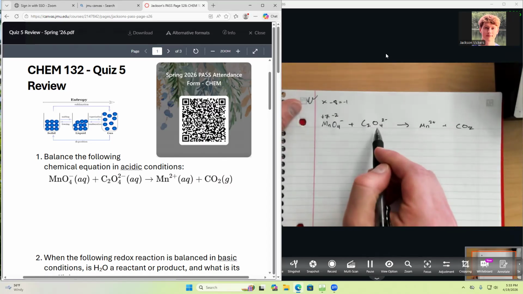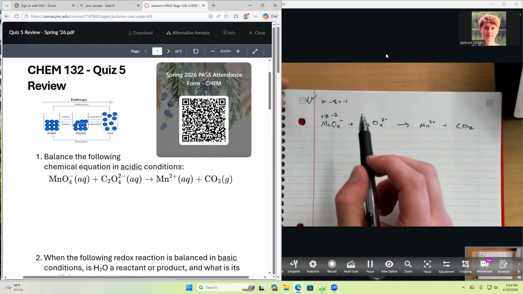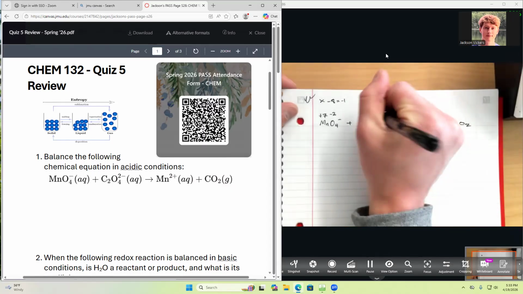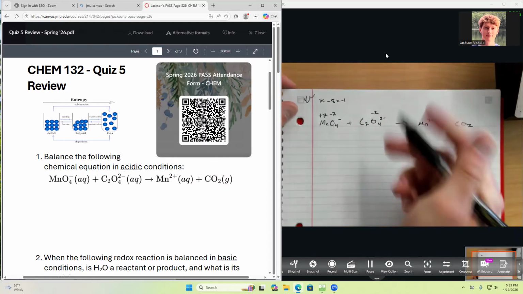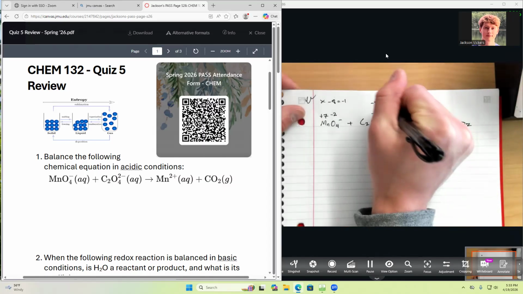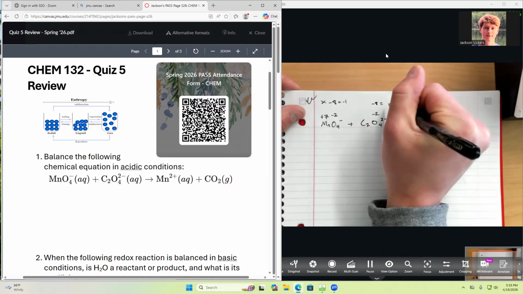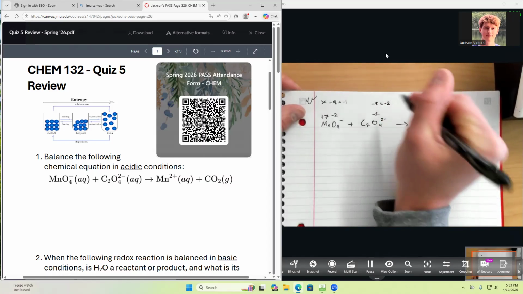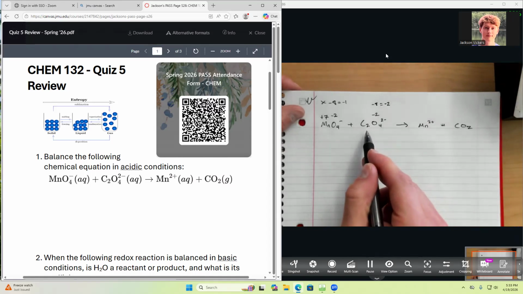So again, O, what's its oxidation number? -2. Yep. We have 4 of them. So again, we have 4 times -2, meaning -8, equals, this time it's 2 minus, so it's going to equal -2. And now we have 2 of these carbons, so that's kind of the last thing we're looking for.